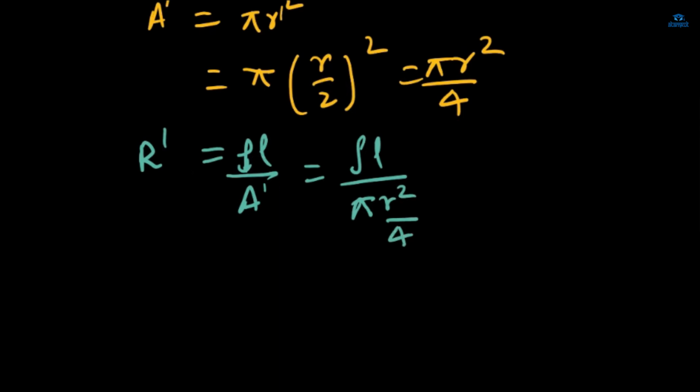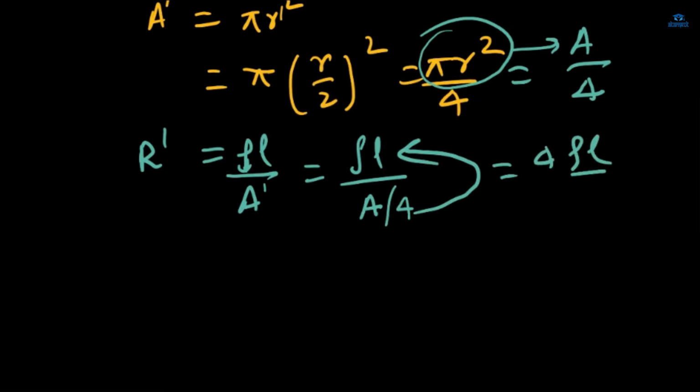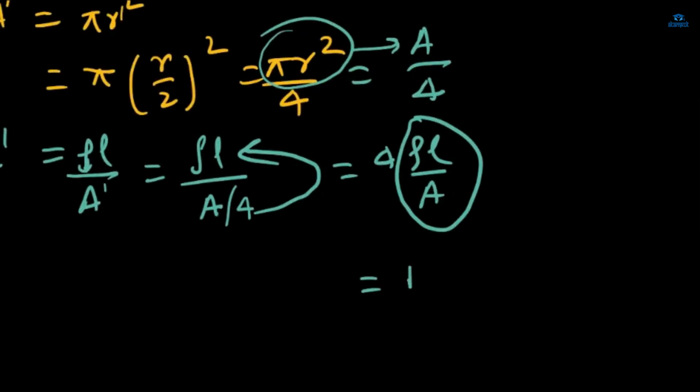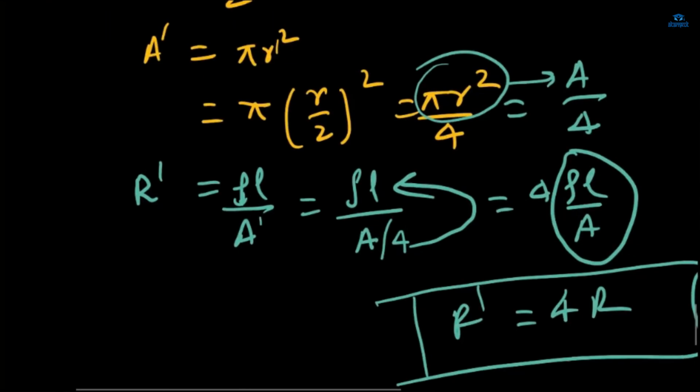Since pi r square represents area, you can write it as A by 4, replacing pi r square by A. This 4 will go in the numerator, so it will be 4 rho L by A. Rho L by A is the initial resistance, so R dash is 4R, 4 times greater than the previous resistance.